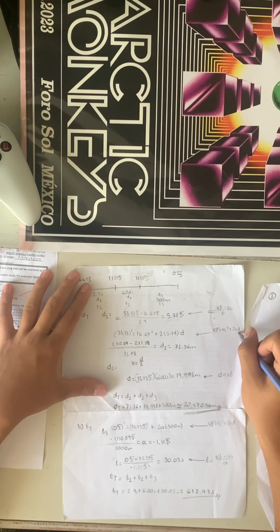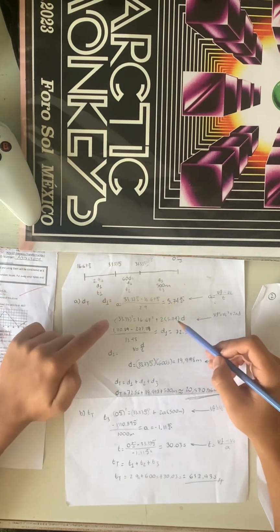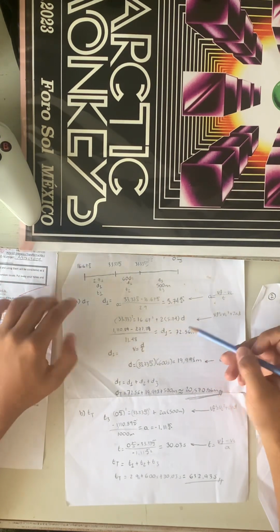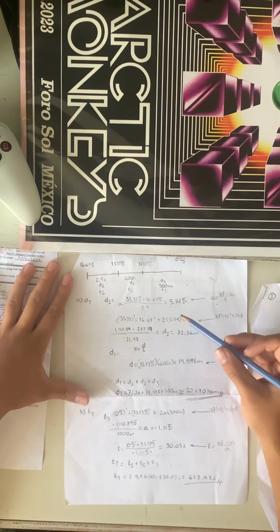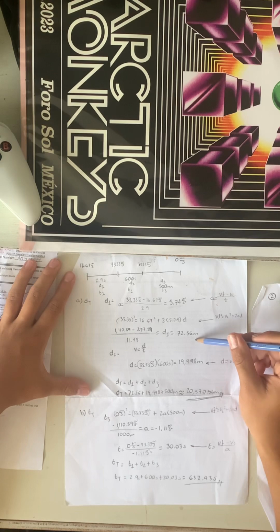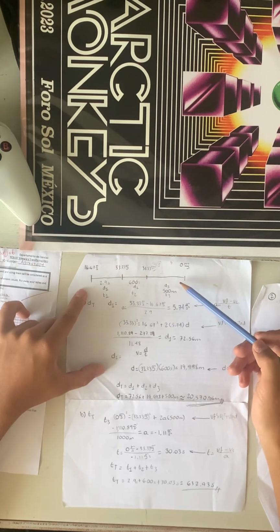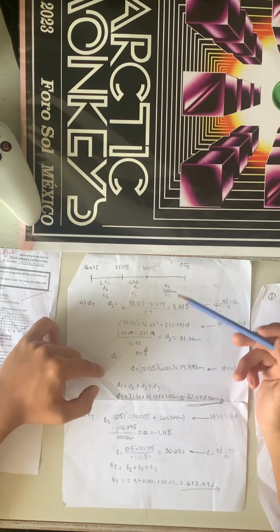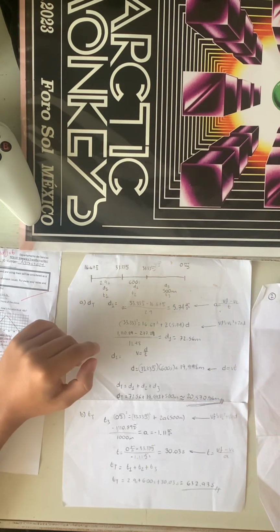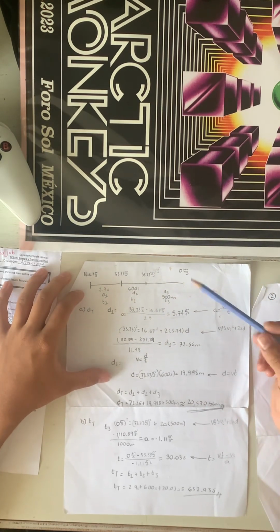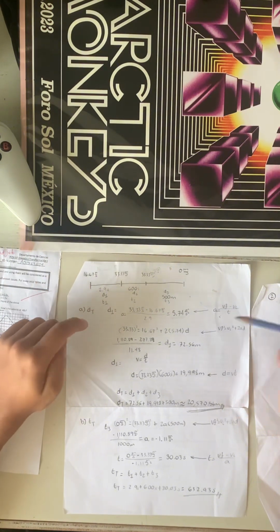to get the distance. So we'll solve everything for distance and we have that D1 is equal to 72.56 meters. We have D1 and D3, which we only need D2. This is an easier one because as it is a constant speed, we can use URM.